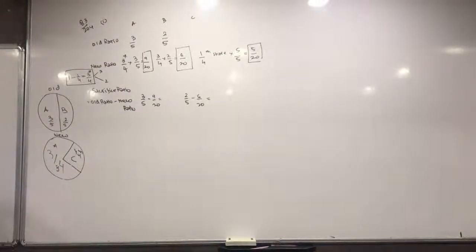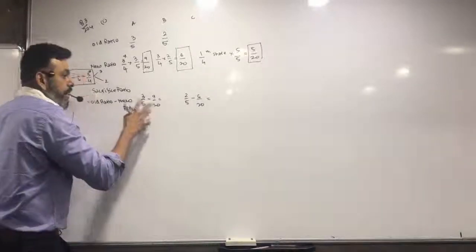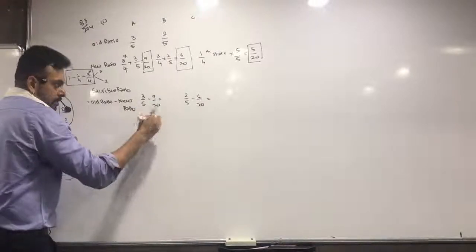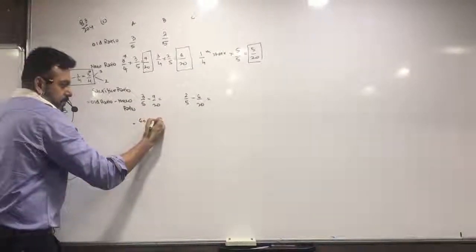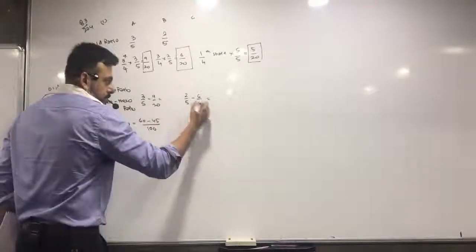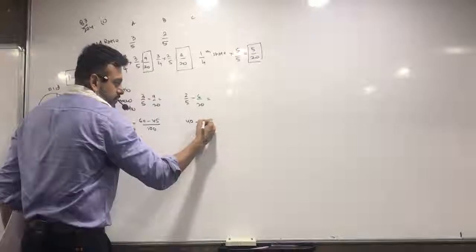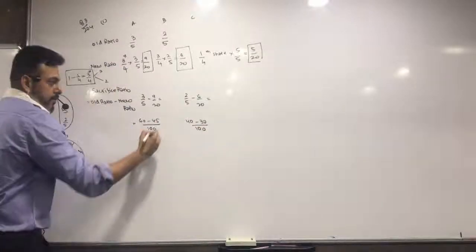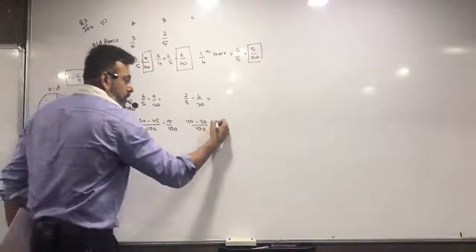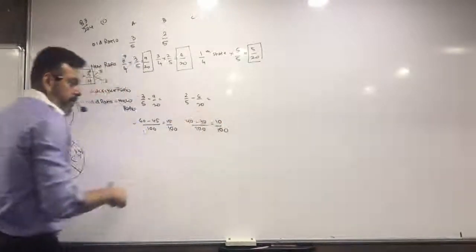LCM is 20. Or if you are not so clear, you get confused, so cross multiply. So over here I do 60 minus 45 upon 100, 40 minus 30 upon 100, which is equal to 15 upon 100, and over here is 10 upon 100.